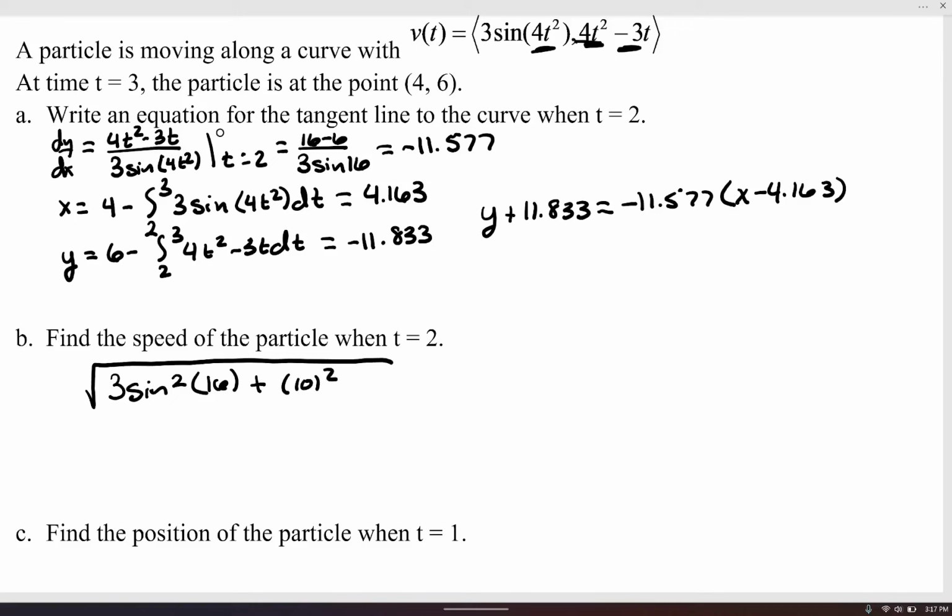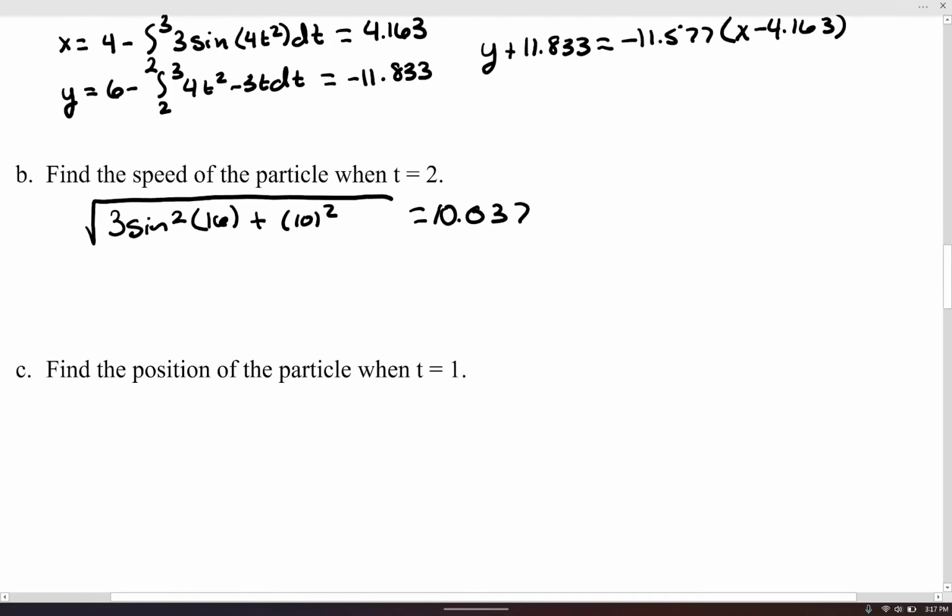Let's go 10 squared. And that's equal to 10.037.